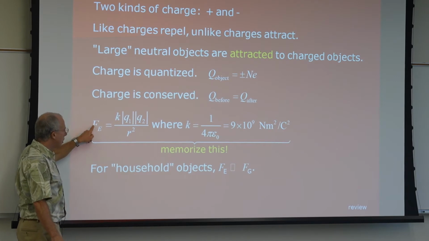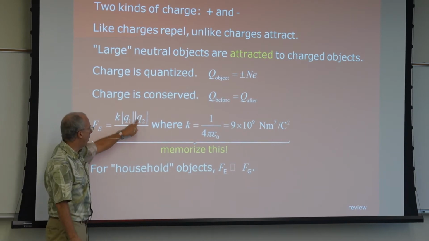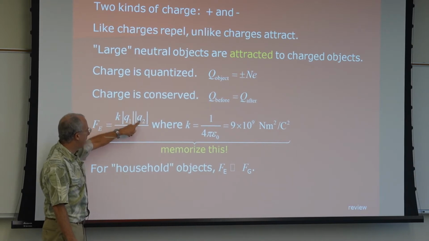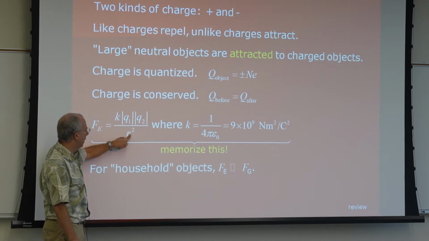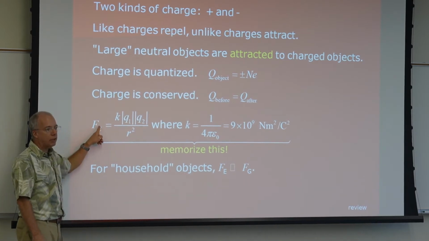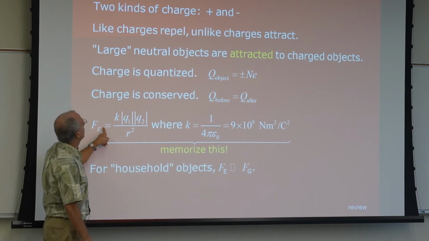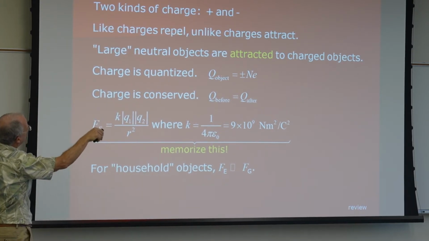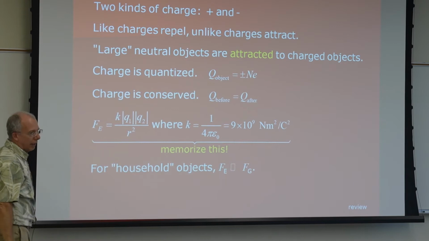So the electrical force between two charged objects is this constant times the charge of one times the charge of the other divided by distance squared. So I put absolute value signs just to emphasize this only gives you the magnitude. You have to figure out the direction, you know, like charges repel, unlike charges attract.